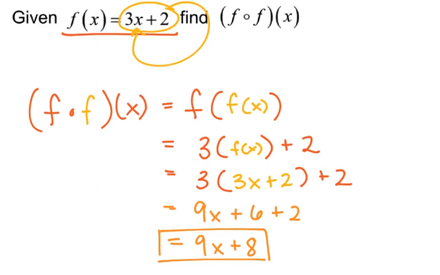Now, I like to show this example because I think it's interesting to plug a function's expression into itself. But it's really not that hard. And once you understand how a composition works, I feel like this should be pretty easy for you. Of course, the domain here is all real numbers, and the domain of the function that was going in was all real numbers.